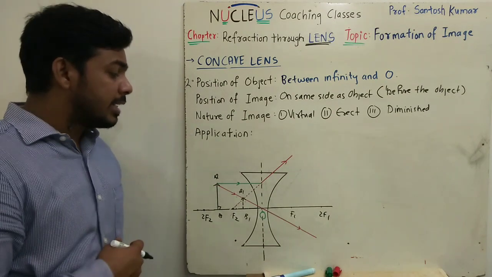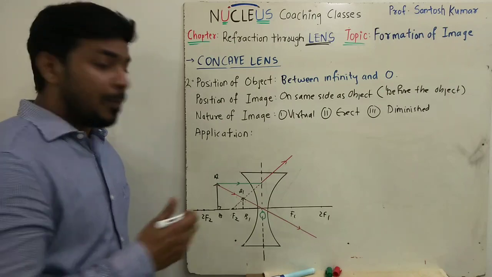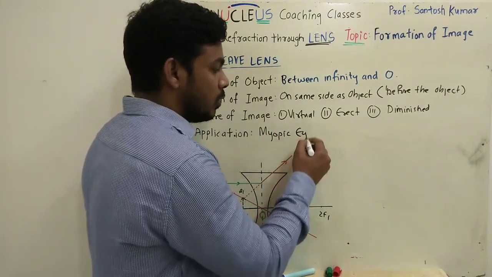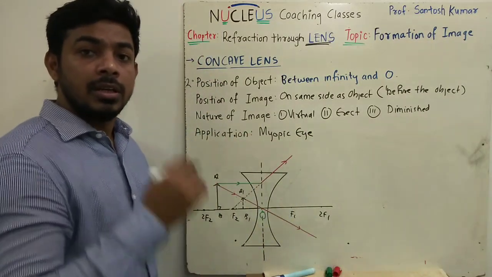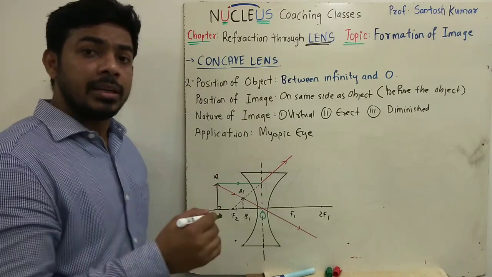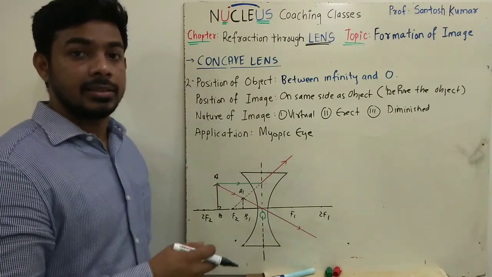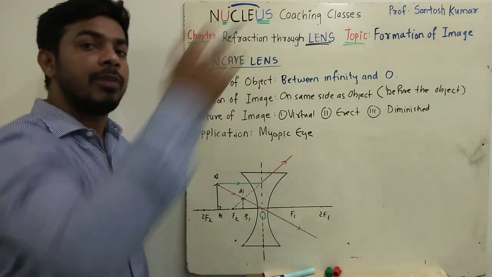If I talk about applications of this case, consider a myopic eye. A myopic eye is the eye of a person suffering from an eye defect called myopia or short-sightedness. In this case, a person can see nearby objects but cannot see far objects.